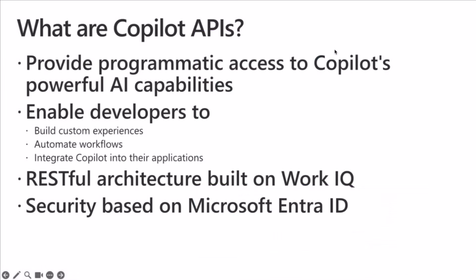So now let's dig into what the Copilot APIs are and why we can leverage them to do such kind of solutions. Well, the Copilot APIs give us access to the capabilities of Copilot itself through a REST API, a set of REST API endpoints. So from a developer point of view, you can build your own solutions, and you can rely on the engine of Copilot, even outside of Copilot.